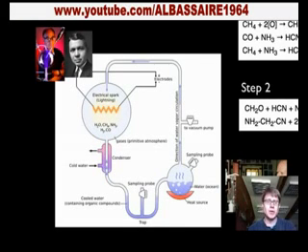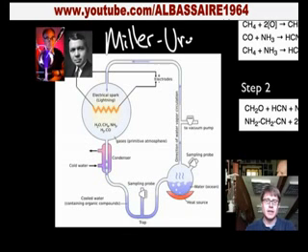The most famous experiment is called the Miller-Urey experiment, and this is in the 1950s. Stanley Miller and Harold Urey tried to simulate what this early atmosphere was like on our planet. And so they tried to add the material, so water, methane, ammonia, hydrogen gas, carbon monoxide.